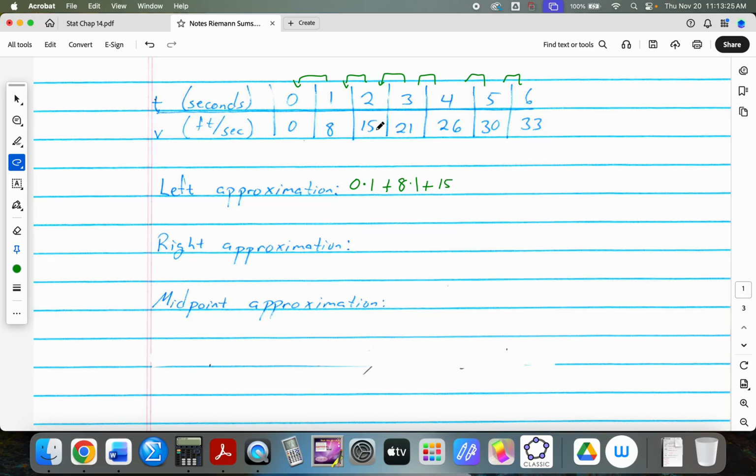So we'll use 15 feet per second for the next second, plus 21 feet per second for the next second, plus 26 feet per second for the next second, plus 30 feet per second for the last second. Now, at this point, you may be going, okay, why are you multiplying all of them by 1? Well, the time interval is 1 second.